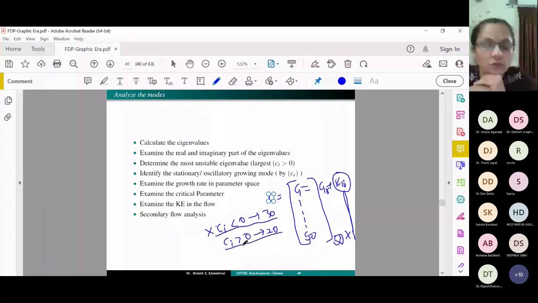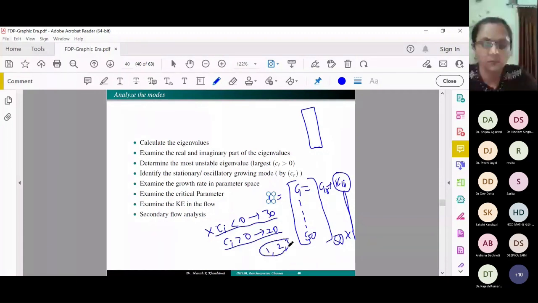These are the 20 eigenvalues. Now we arrange these 20 eigenvalues and ask which one is the most dominating. Dominating means the highest value. Suppose one Ci is 1 and another is 2; we arrange them in descending order.